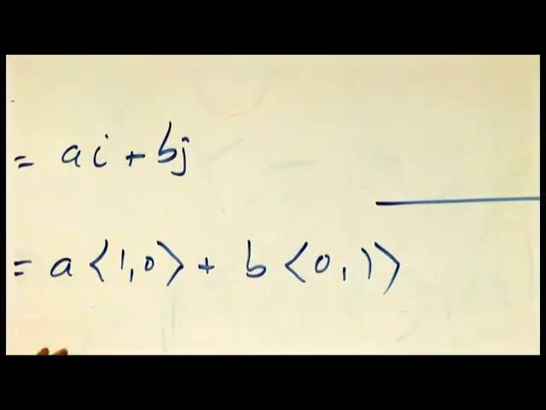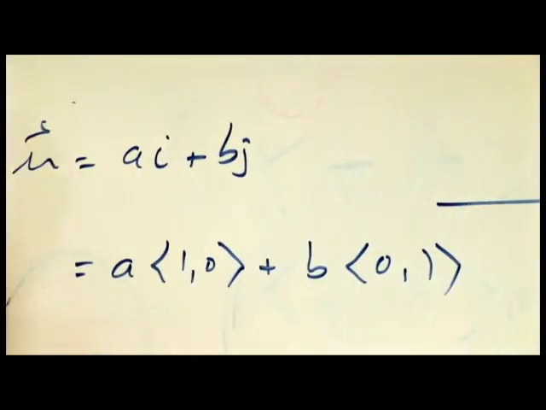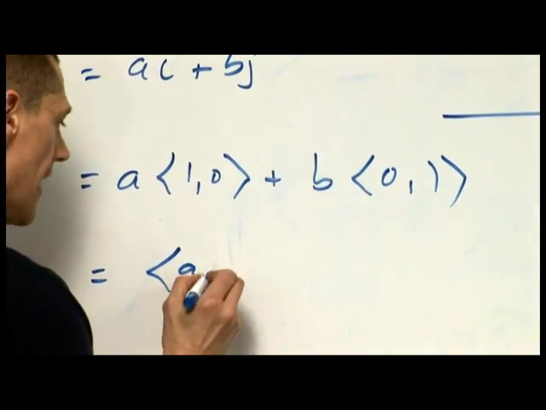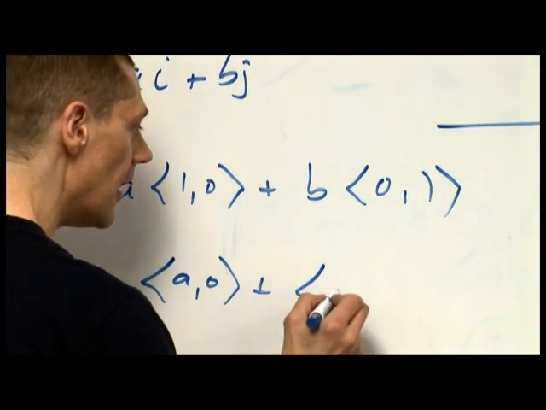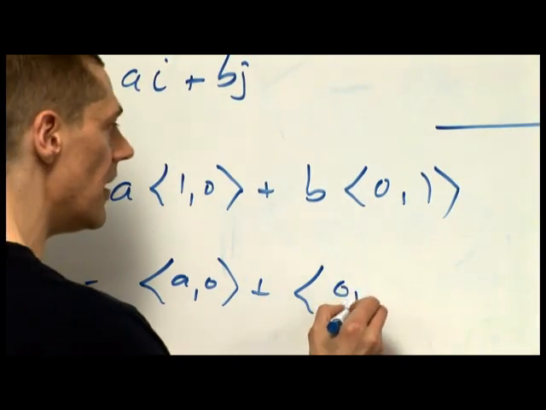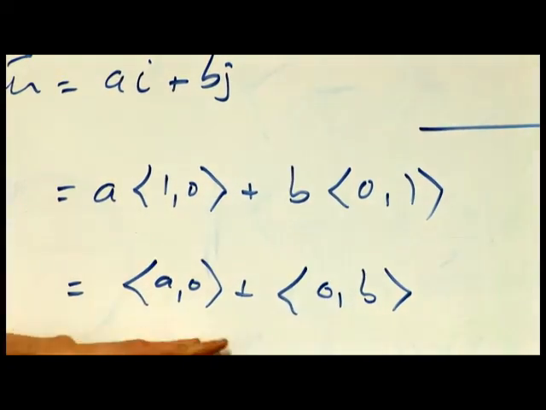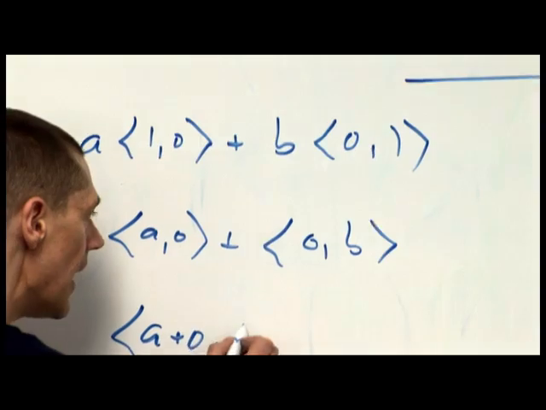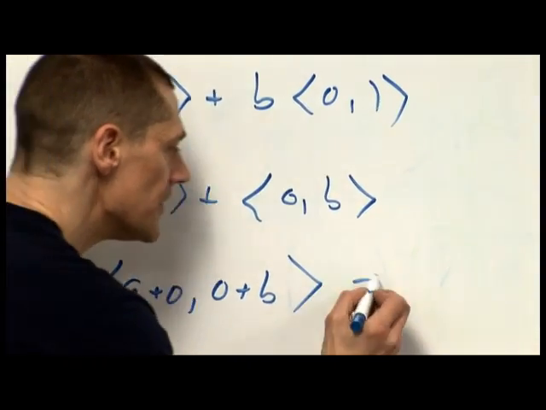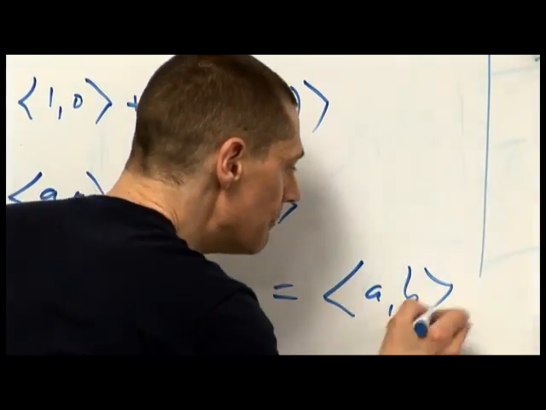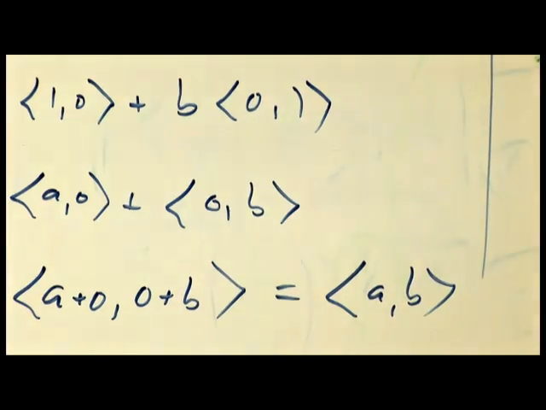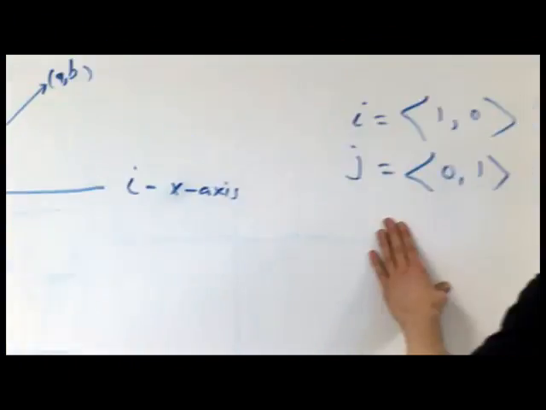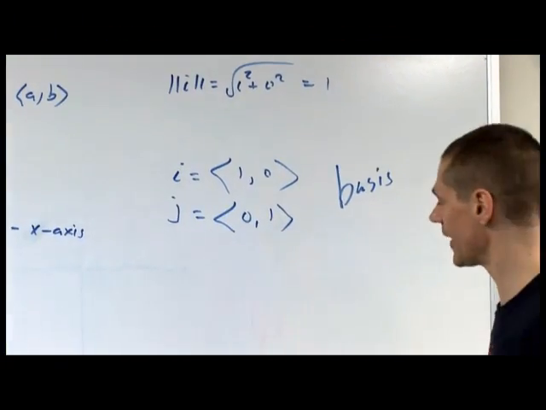We already said a and b are scalars. We know they multiply inside. This is (a, 0) plus (0, b). But remember how these add. They add component-wise. This is (a, b). This forms a basis for this two-dimensional vector space.